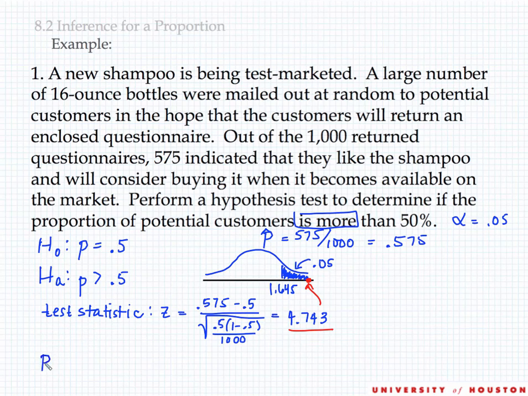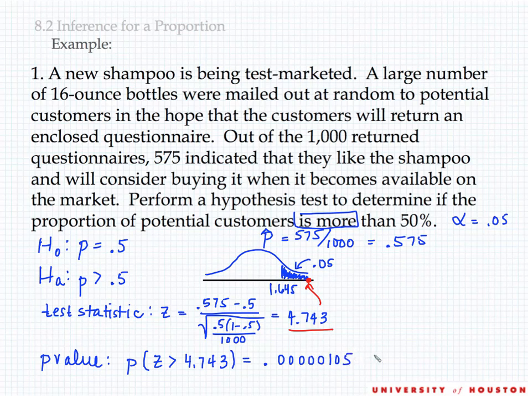We'll verify that with our p-value, which is the probability that z is, again, use the symbol that we have in our alternate, and then our test statistic goes here. This is a normal distribution, so we'd use normal CDF or p-norm to compute this probability, and it's 0.0000105, which is definitely less than our alpha of 0.05.